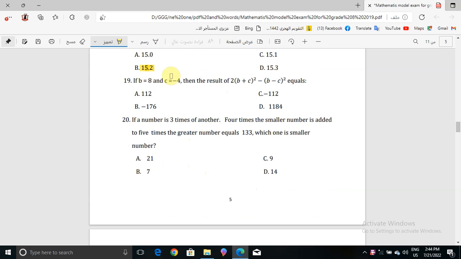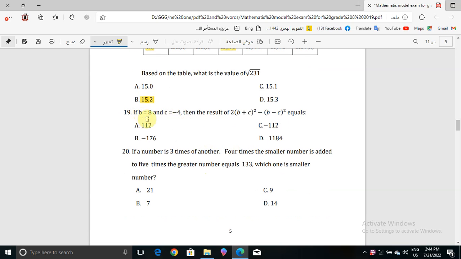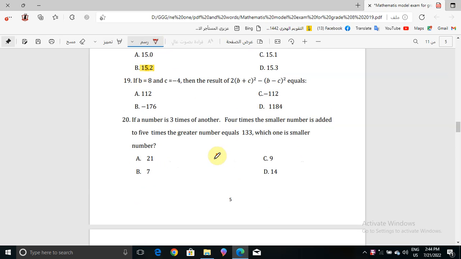Okay, now question number 19, what we have here: if B is equal to 8 and C is equal to -4, then the result of 2 times (B plus C) squared minus (B minus C) squared equals what? What we will do here, it will be 2 times (8 plus -4) squared, minus (8 minus -4) squared.